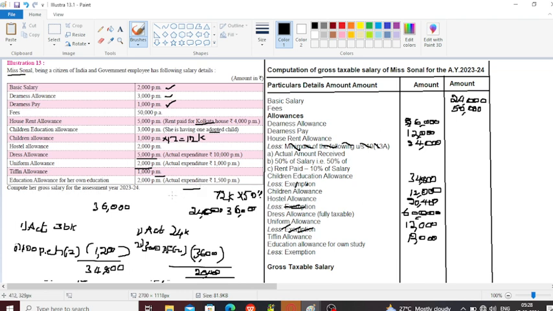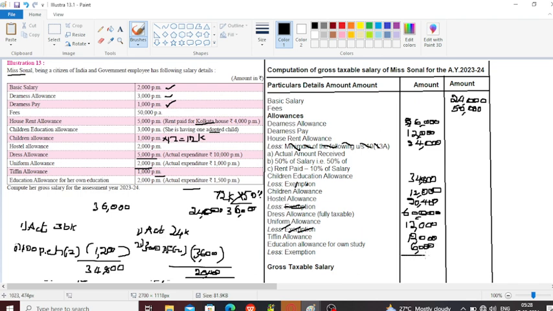That is nothing but only 500 will be taxable. If it is 500 per month, what will it be per annum? That is nothing but 6,000. Education allowance of 6,000 will be the taxable amount.